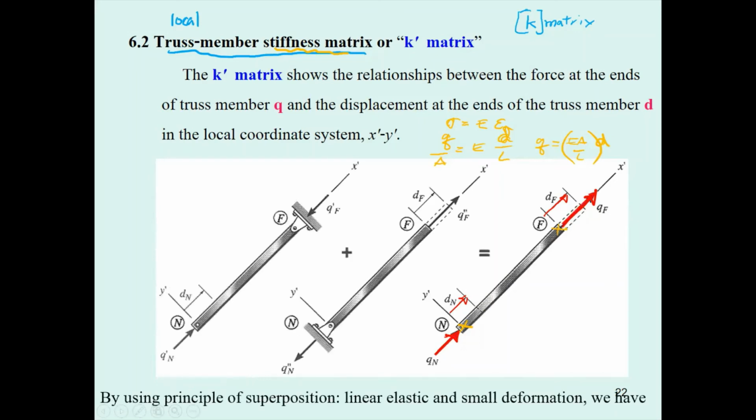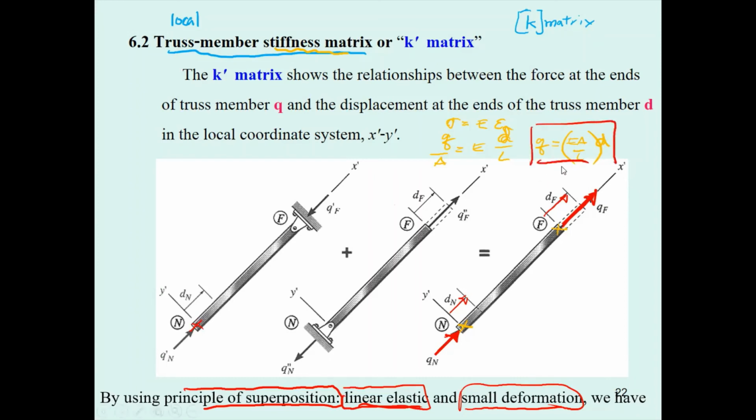We separate this consideration into one with the near end and another with the far end. At the near end we can use this equation to determine our relationship, and at the far end we can also use this one, and then we combine them by the principle of superposition. We will find the k prime matrix.